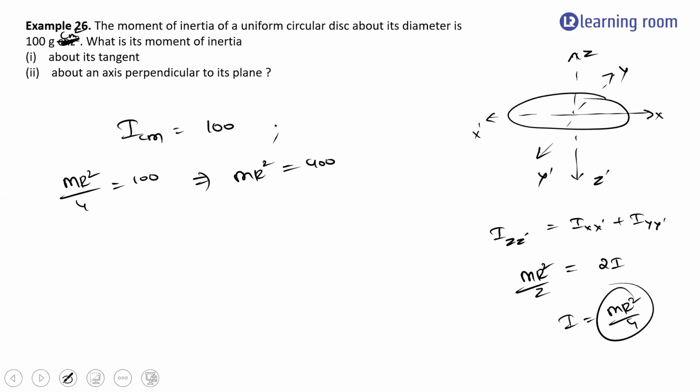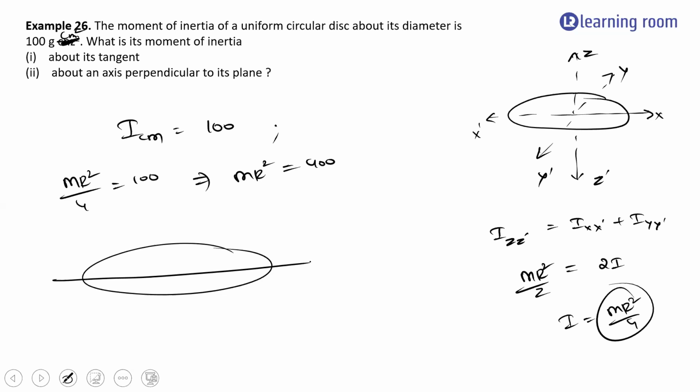Now, observe the question again. There is a uniform circular disk for which you know the moment of inertia about one of the diameters. The value is 100. And what is the moment of inertia about the tangent? When I apply the parallel axis theorem, I write I about tangent as I CM plus mass of the object into the distance between those two axes, which is R. So M into R square.